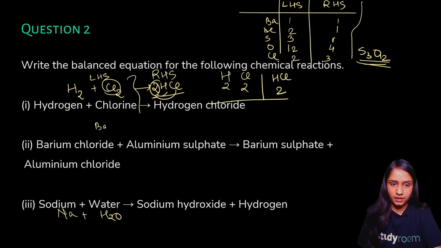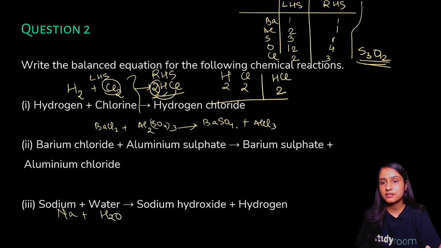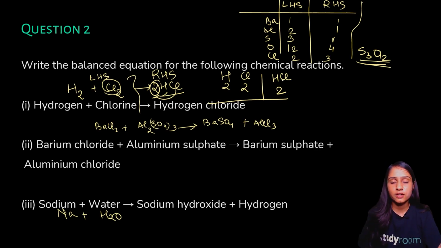So barium chloride plus aluminium sulfate gives barium sulfate plus aluminium chloride. Take the maximum number of atoms in the equation. Oxygen is 12. What will you multiply over here to get 12? 3.